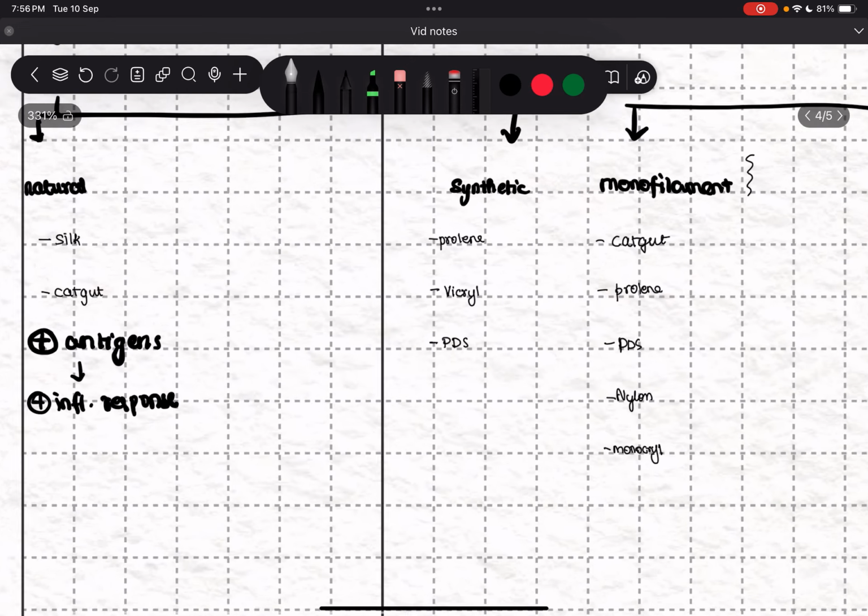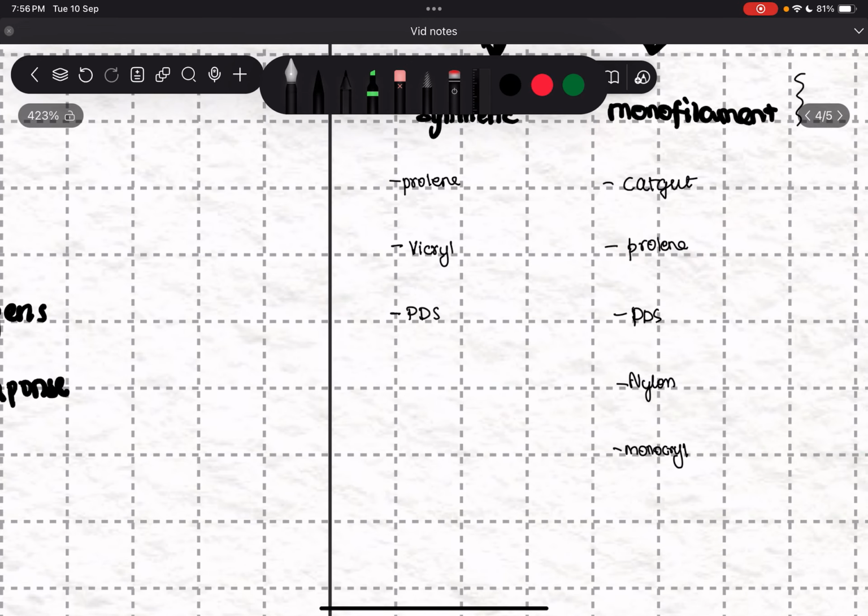And in synthetic, it is inert, so there is less tissue inflammation since they are synthetic.